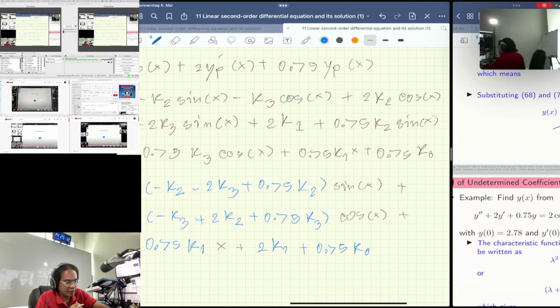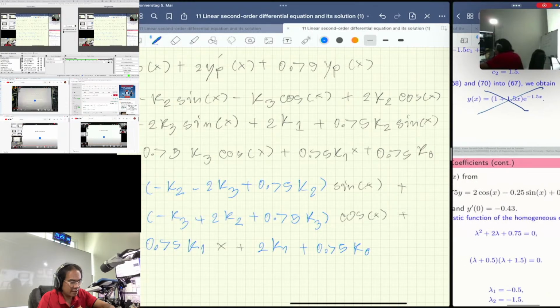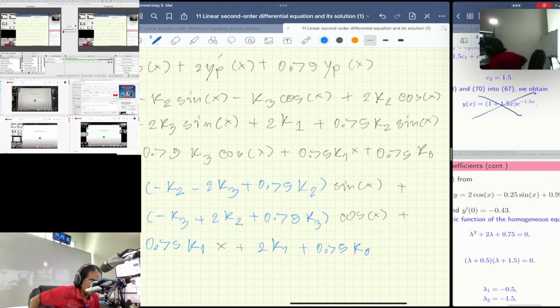Okay, and you need to compare it to the right-hand side of the original equation.